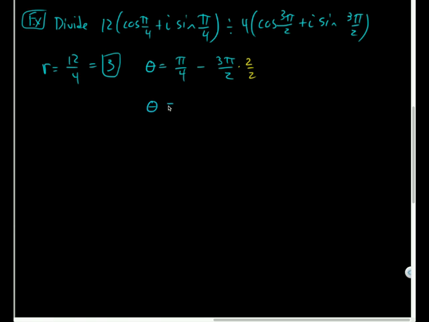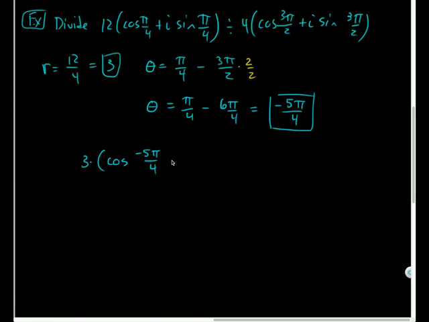And I'll get theta equals pi over 4 minus 6 pi over 4, which is negative 5 pi over 4, right? So now that I know the modulus and the amplitude, I can represent this as 3 times cosine of negative 5 pi over 4 plus i times sine of negative 5 pi over 4.